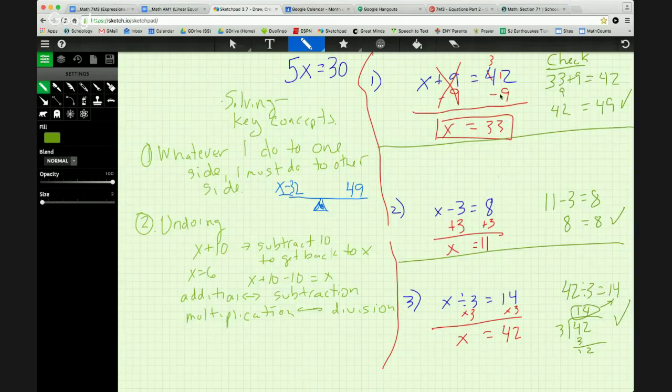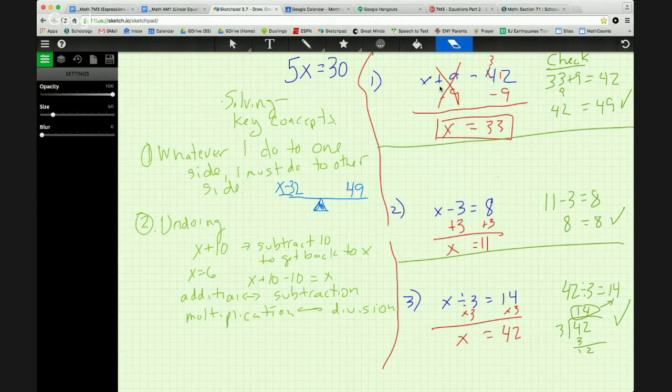So that's why we knew to subtract 9 from both sides. Similarly, on number 2, we subtracted 3 in our original equation. So to undo that subtraction of 3, we have to add 3 to both sides, right? Any number minus 3, we add 3 and we get back to that number. And then undoing division with multiplication is what we did in example number 3.